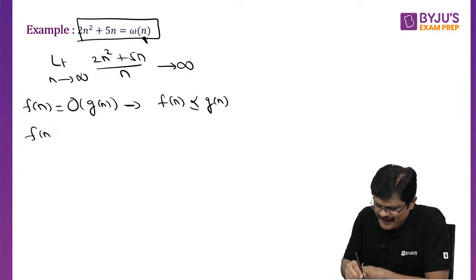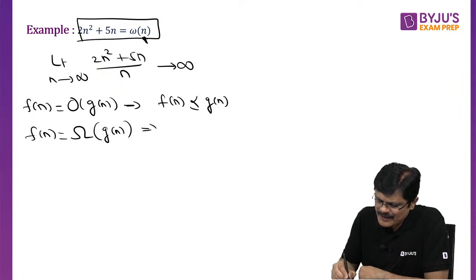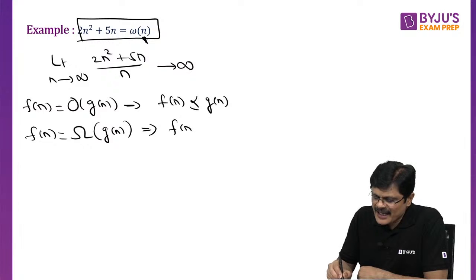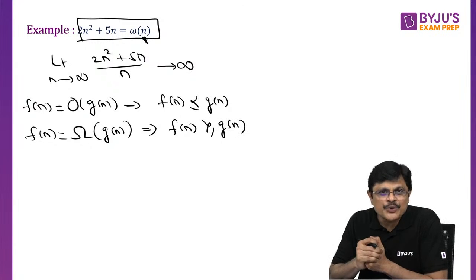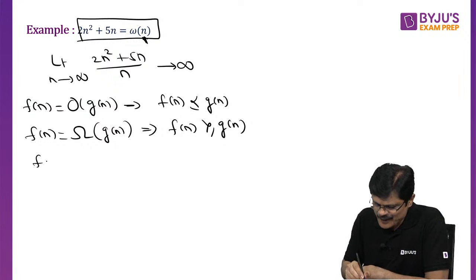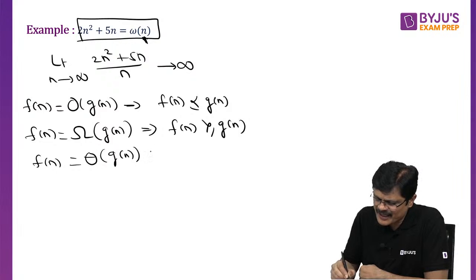When you say Fn is big omega of Gn, what does it mean? Fn is asymptotically larger or equal to Gn.